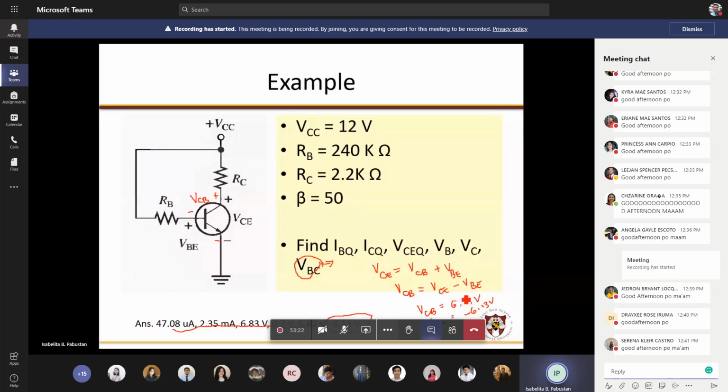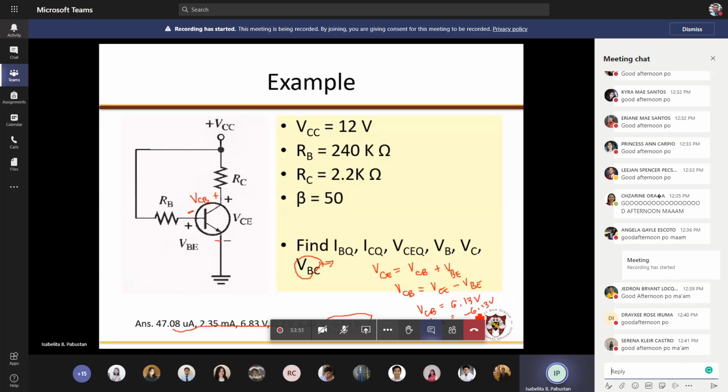Bakit siya negative? Kasi your base is here, this is negative, plus. Ano? So, with respect to base, ano? So, it is from base to collector. Now, take note of that, ha? 6.13 volts rin siya. Kaya lang, sa polarity na sila nagkaiba.